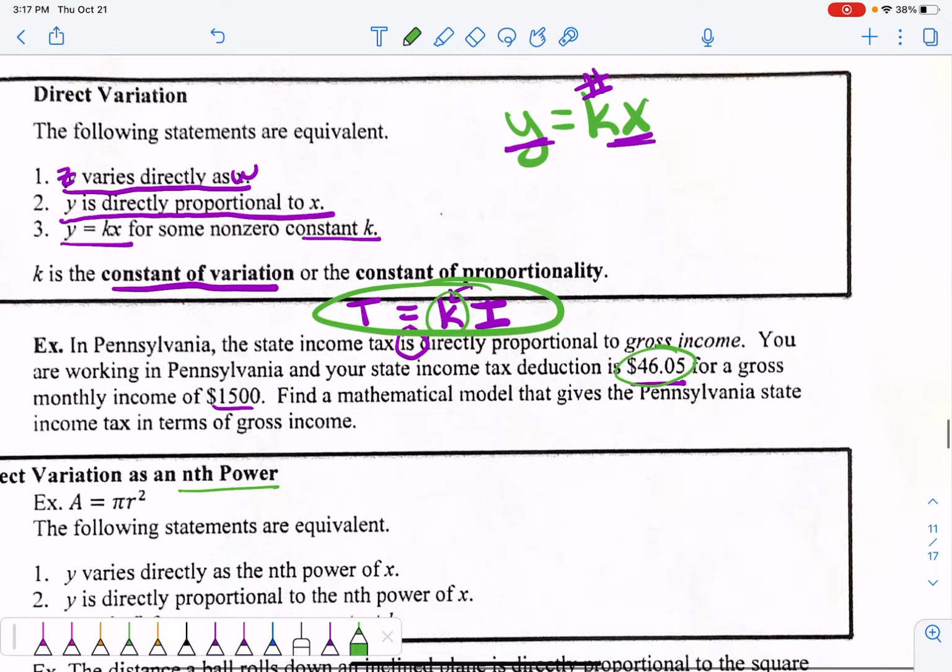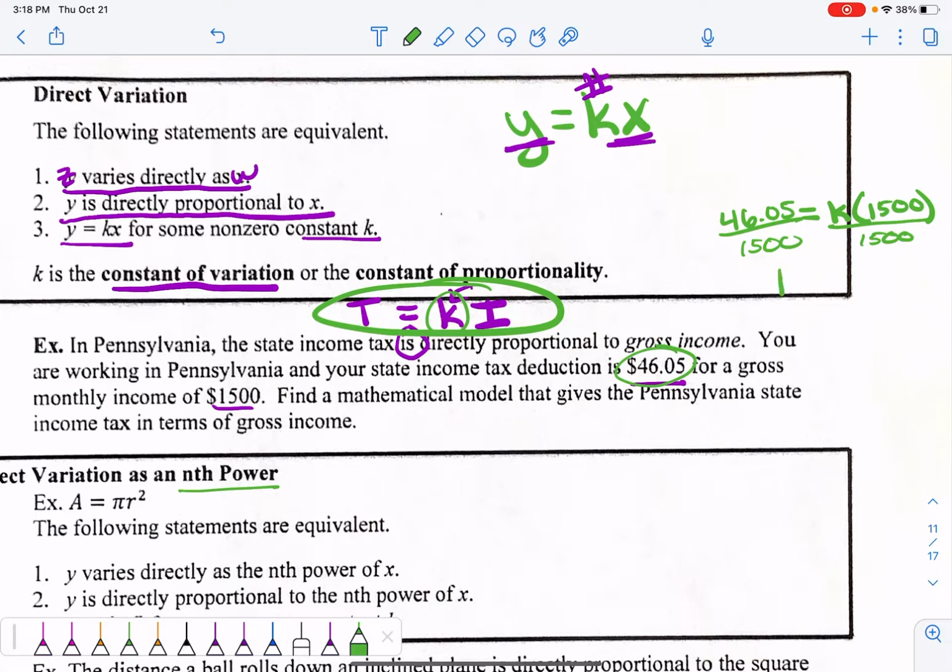All right, so the tax was $46.05, and that's equal to whatever that rate is times 1,500, because that was my income. And all I do is divide by 1,500. I'll use my calculator here, 46.05 divided by 1,500, and that is 0.03.